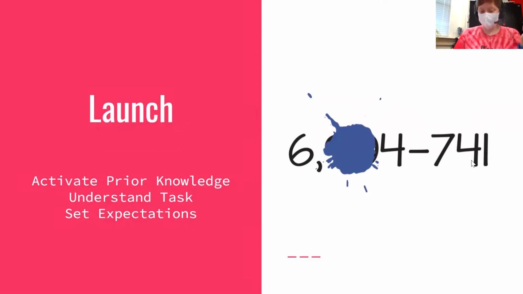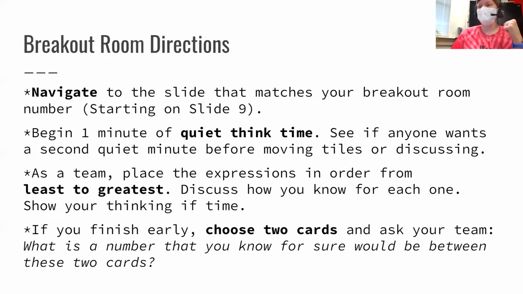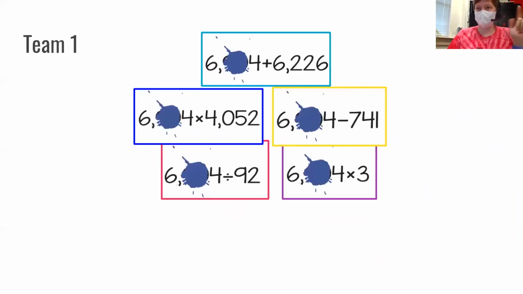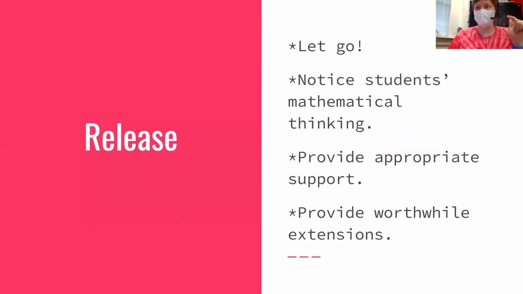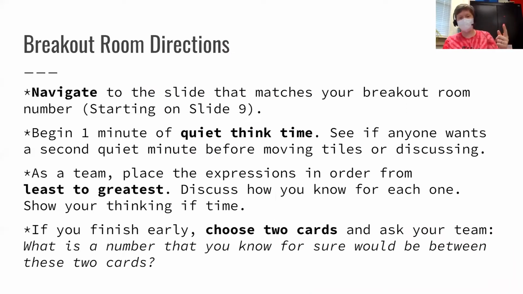You're going to navigate to the slide that matches your breakout room number. See how this one says team 1? If you end up in breakout room 1, you're going to navigate to the slide that says team 1. I'm going to give you the link in just a minute.